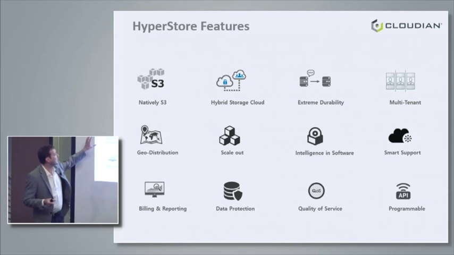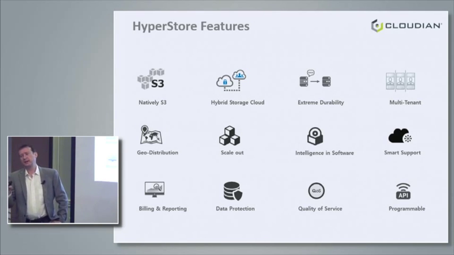So we make bets on that, geo-distribution and scale out. Smart support, you'll see a little bit in terms of how we automatically detect diagnosis from our systems and run it through Hadoop analytics and come back with recommendations to our customers. And then quality of service and billing and reporting built in.